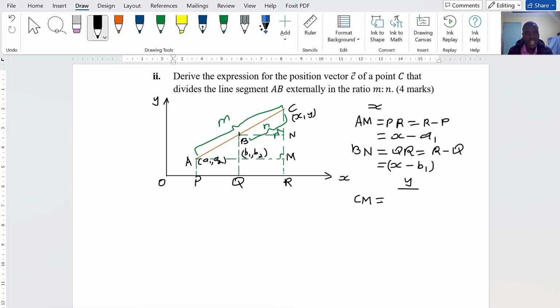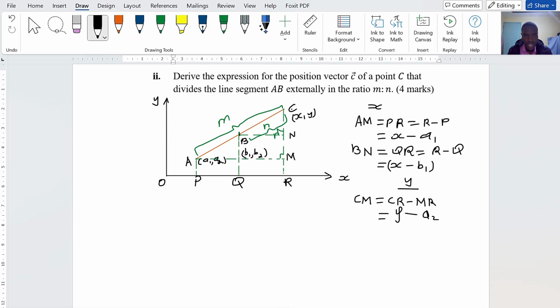Now when you look at the diagram, CM is the total distance C to R minus MR. So C to M is C to R minus MR, and see MR down there. Now C to R is the vertical distance Y, while M to R is simply the same as AP, which is A2.